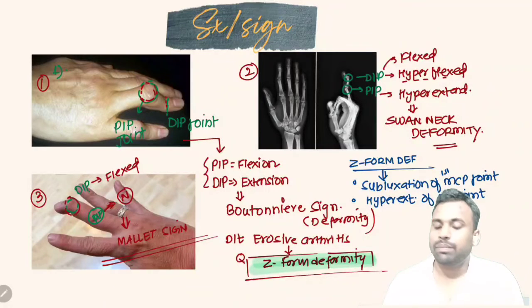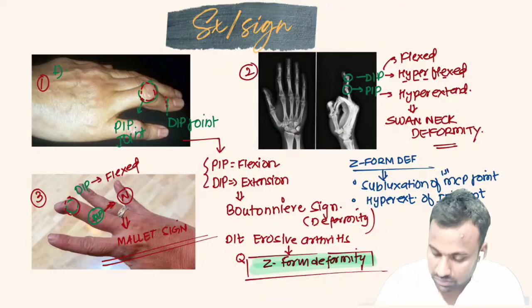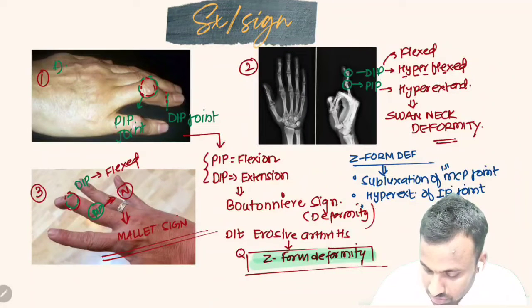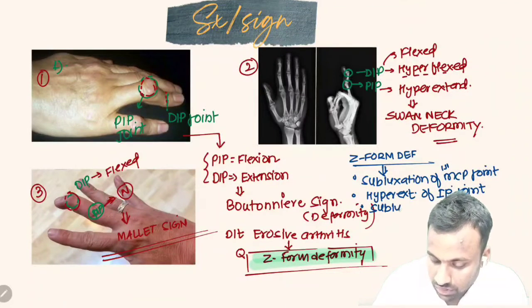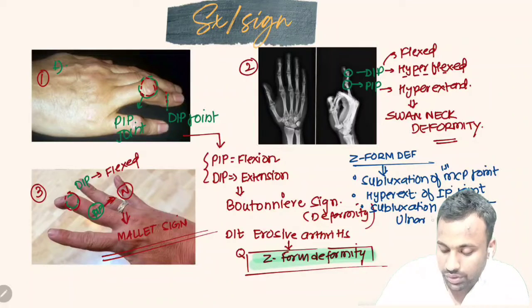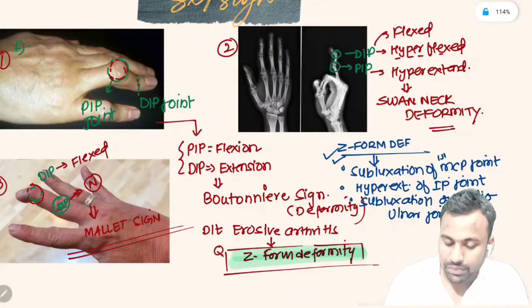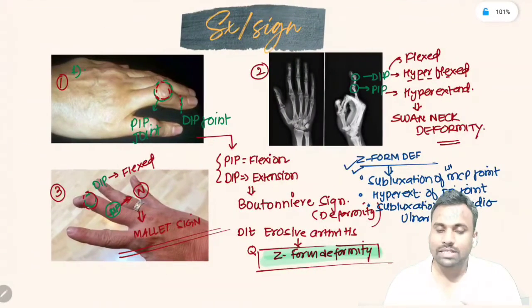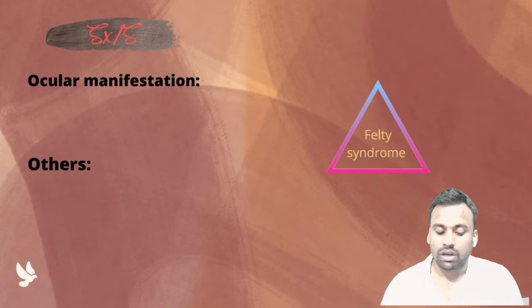The patient also has subluxation of the distal radioulnar joint. This is known as Z form deformity, and these are the signs mainly seen in rheumatoid arthritis.